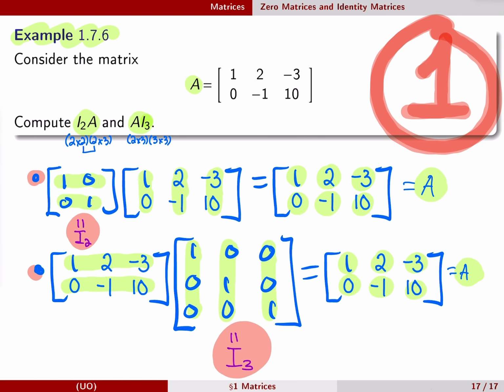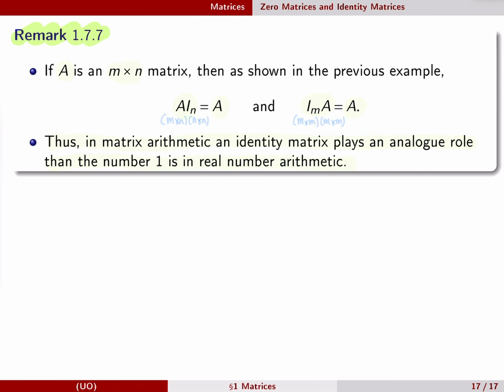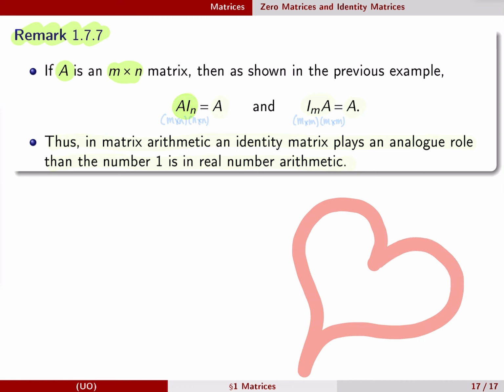So that's essentially my last remark of that chapter. Just like I said, if you start with a general matrix A that is m by n and you multiply the matrix A by In, make sure that you understand that only In fits, because if A in general is m by n, the only square matrix that works is n by n. So you can only multiply by the number one that is In on the right side.